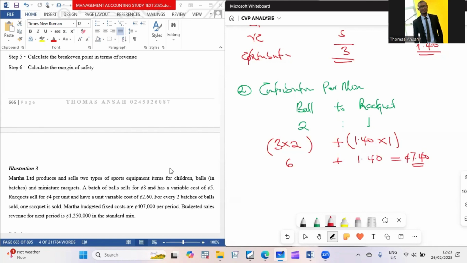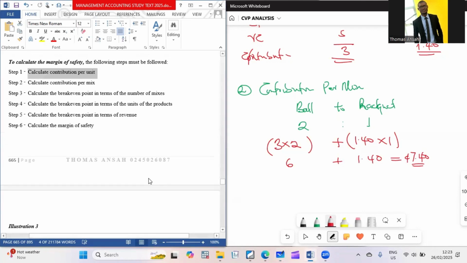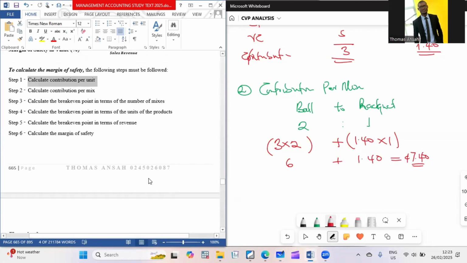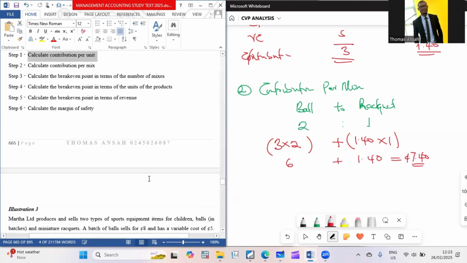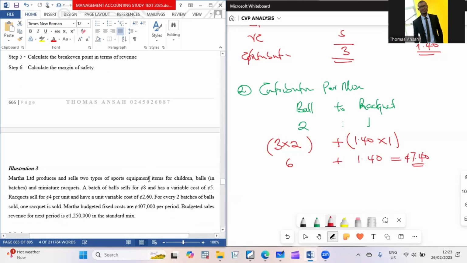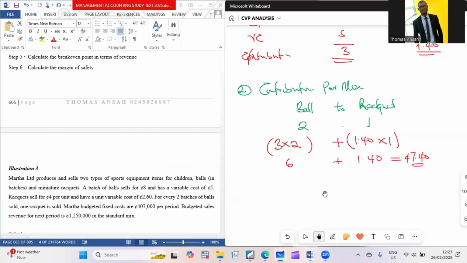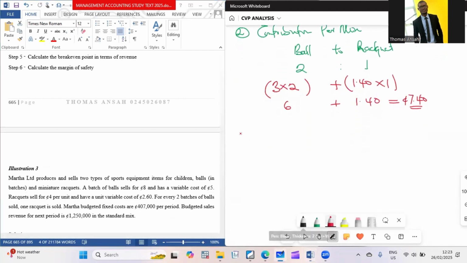What is the next thing that you do from here? Step 3 is to do the break-even point in units, in terms of the number of mixes. All right, so that is that.